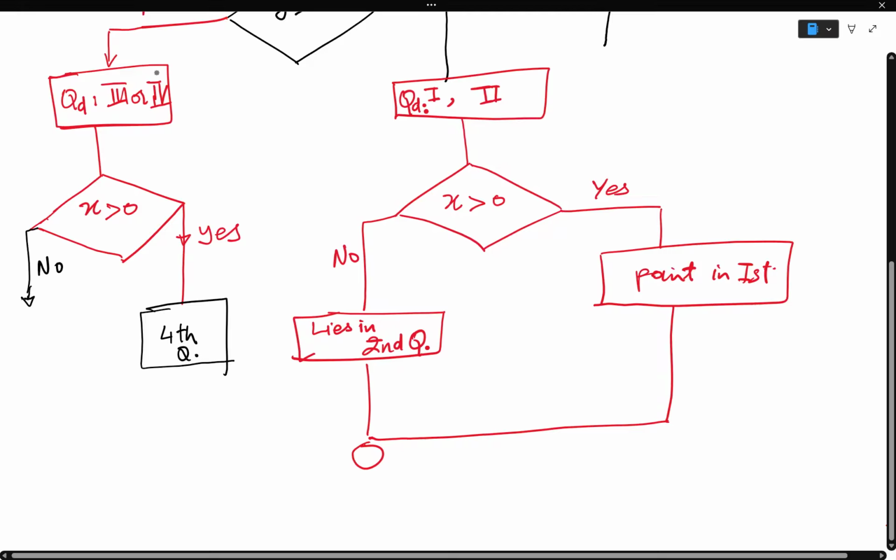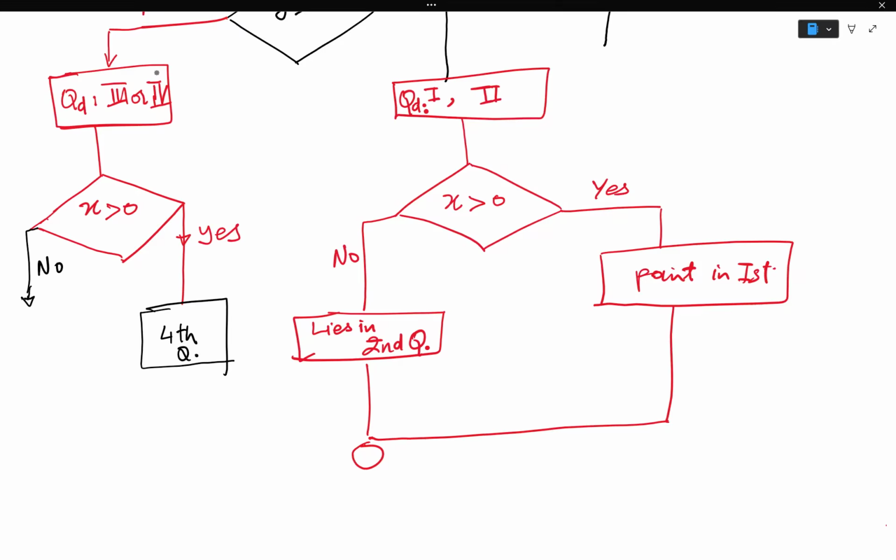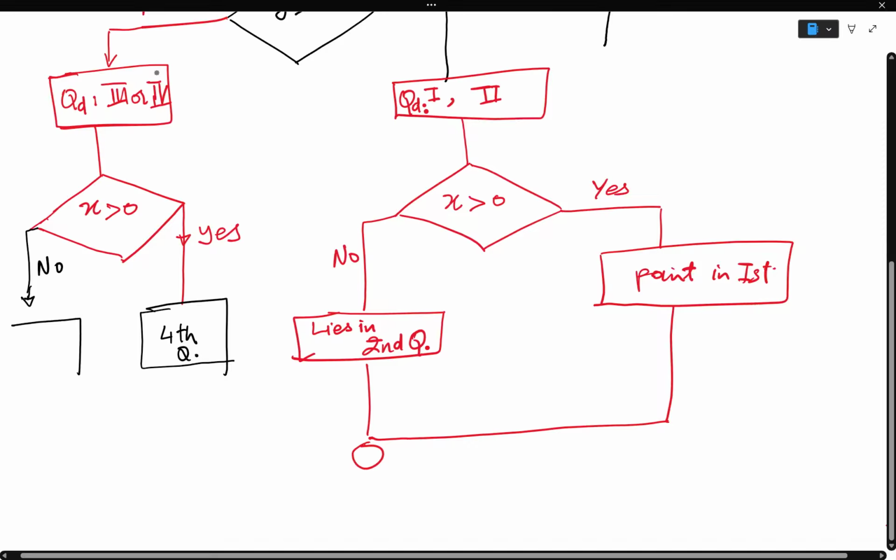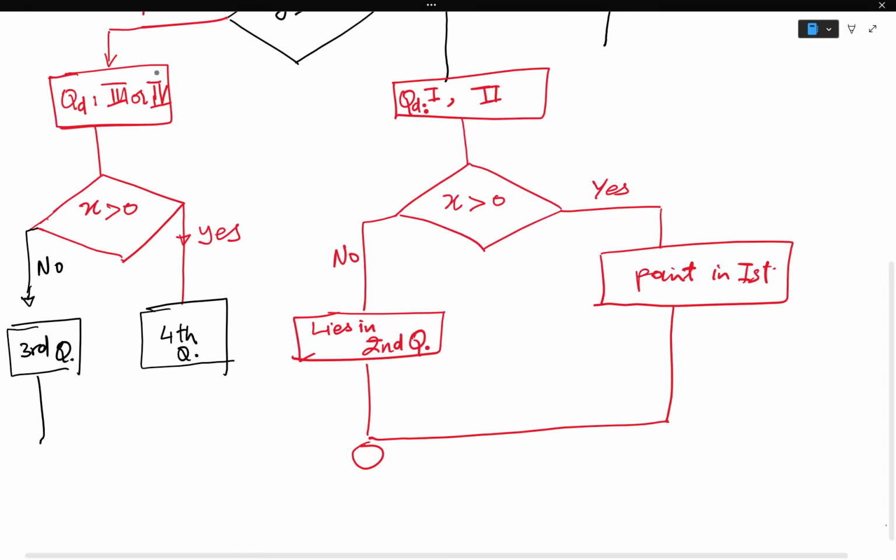And if x is less than 0, which means this statement is false, then it is in the third quadrant, and we can print the message accordingly.